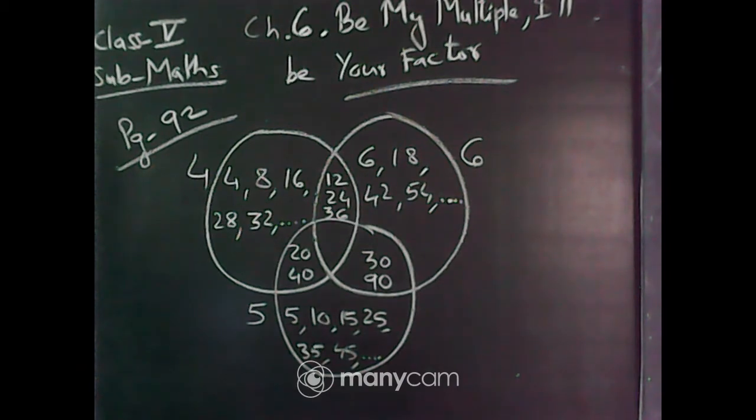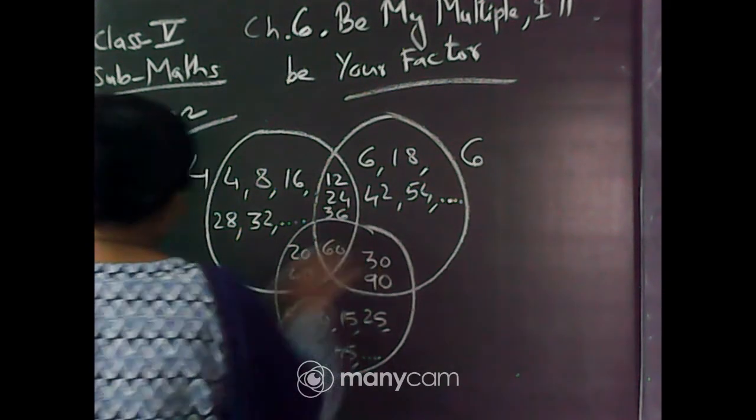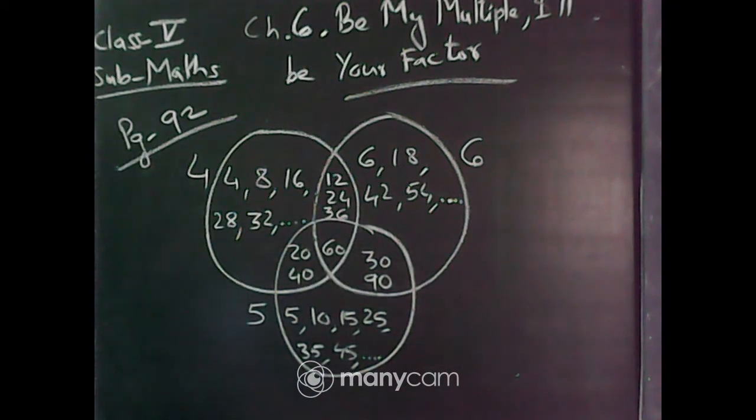And the common multiple of 4, 5 and 6, the number which comes in all the tables, that means in 4 as well as in 5 as well as in 6, it is 60.